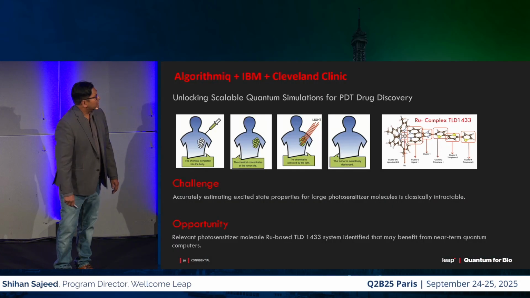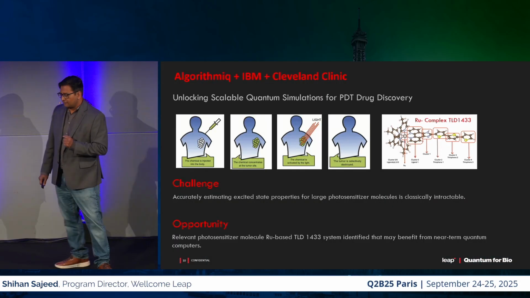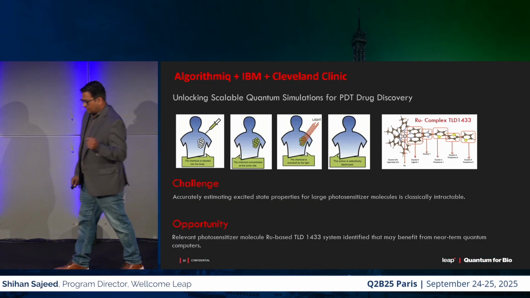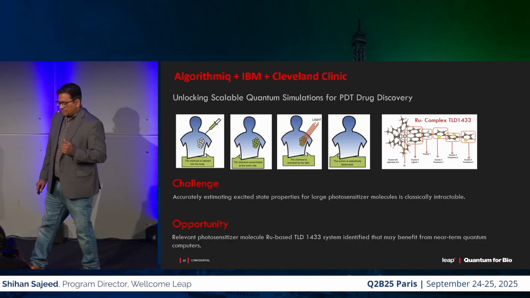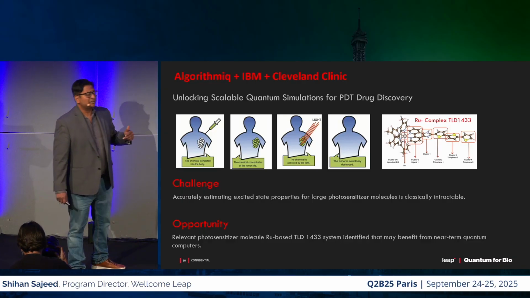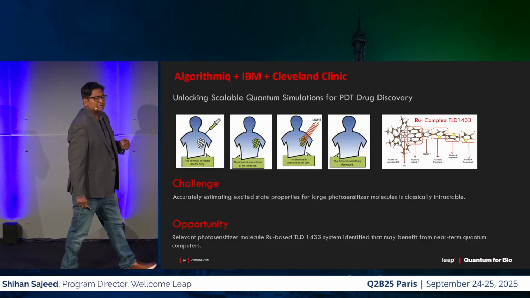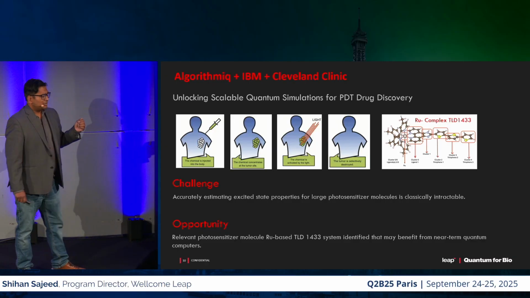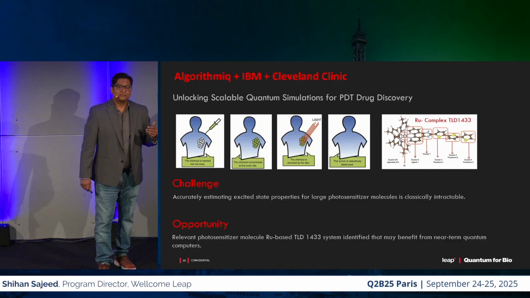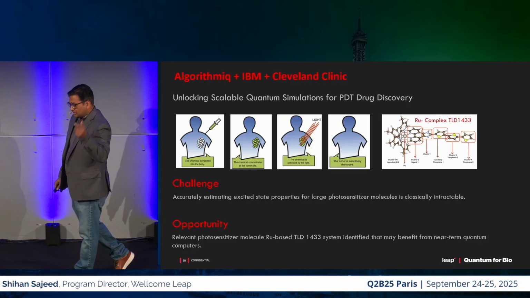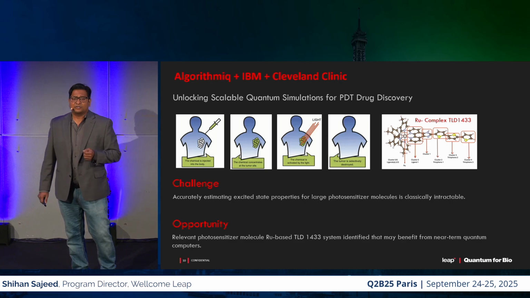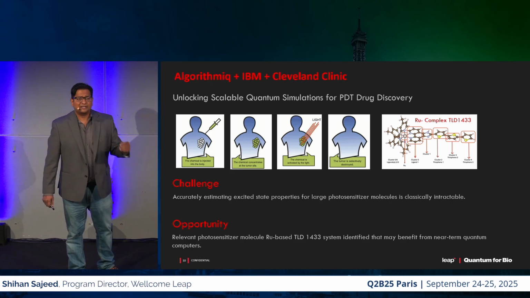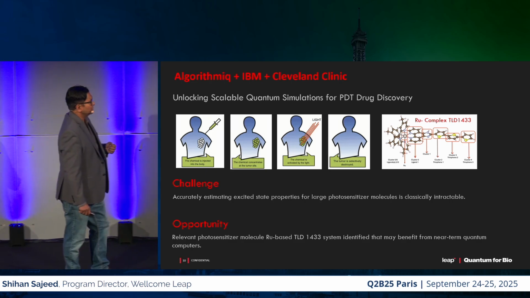Let me start with the first team. It is composed of expertise from quantum algorithm, IBM, who are providing expertise on the quantum hardware, and Cleveland Clinic, the bio expert. Their goal is to unlock scalable quantum simulation for PDT drug discovery. We know PDT: you inject a patient with a photosensitizer molecule, then expose them to light, and they start to react and basically kill the tumor.